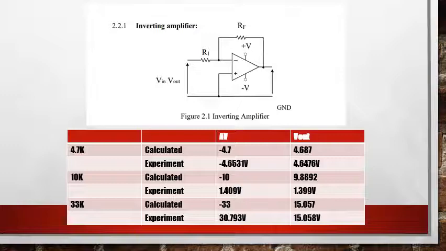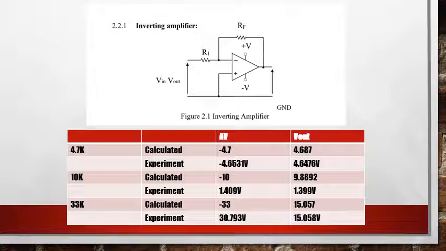On the input resistance, of course because the signal has been inverted, we need to put a negative sign here so that I can calculate the gain for this particular circuit. The values are 4.7K, 10K and 33K.